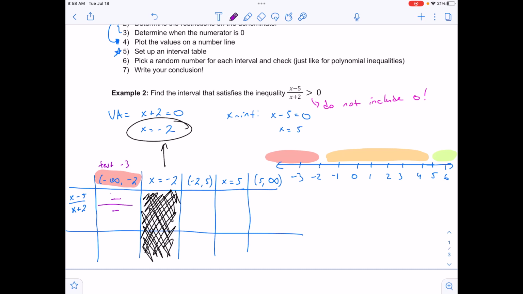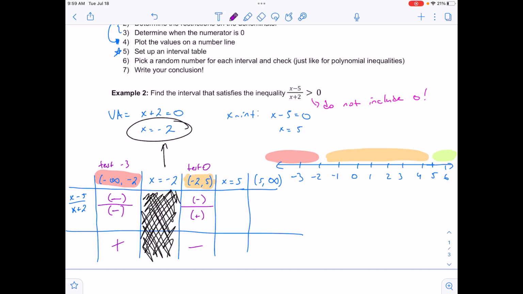A negative divided by a negative is a positive. Okay, second interval, I'm going to test at 0. 0 is a nice easy number. 0 minus 5 is a negative. 0 plus 2 is a positive. Negative divided by positive is a negative.